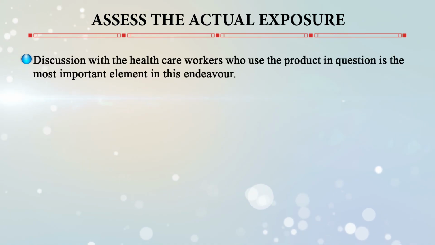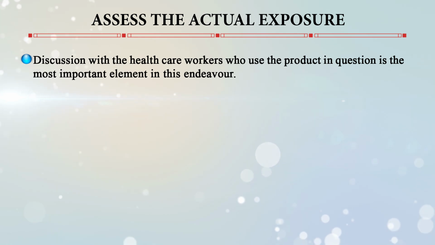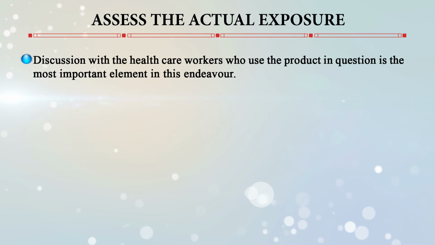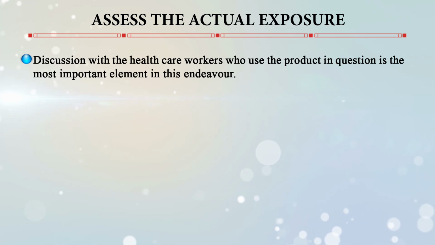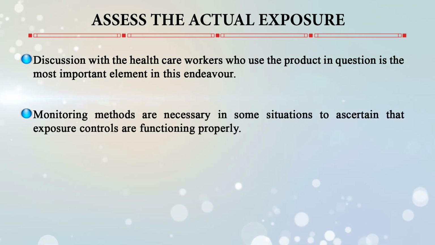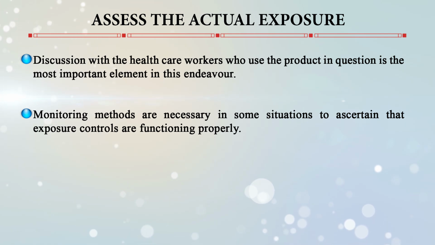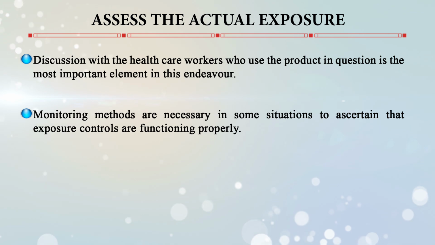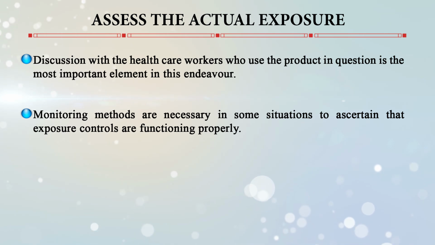The third part of chemical hazard control is to assess the actual exposure. Discussions with the healthcare workers who use the product in question are the most important element in this setup. Monitoring methods are necessary in some situations to ascertain that exposure controls are functioning properly.